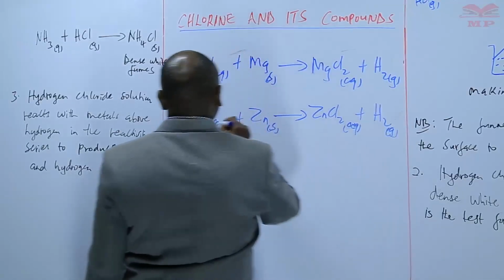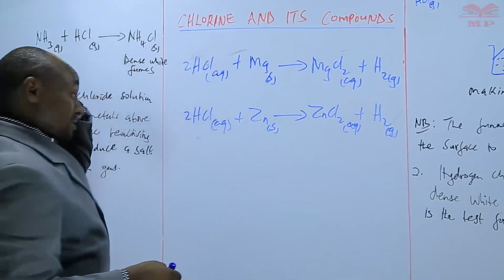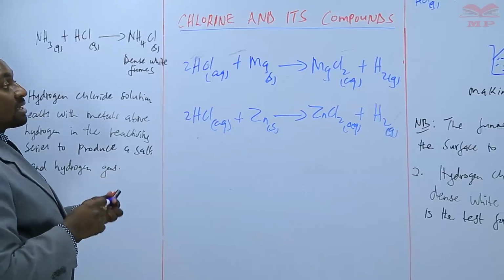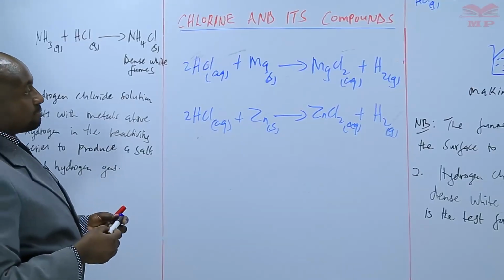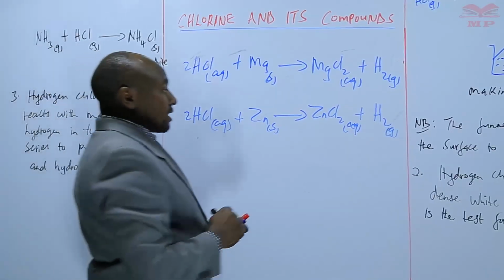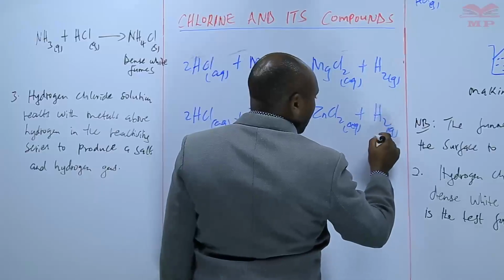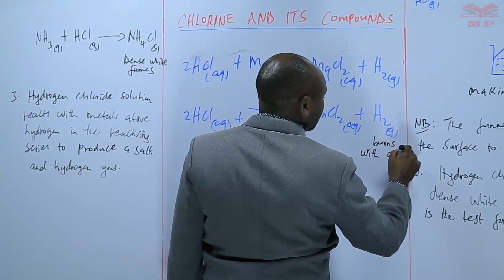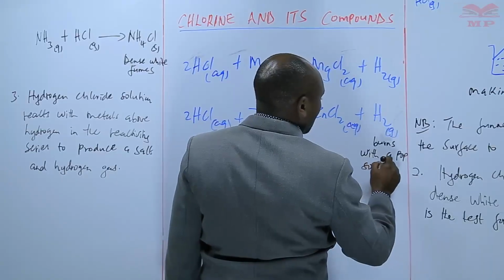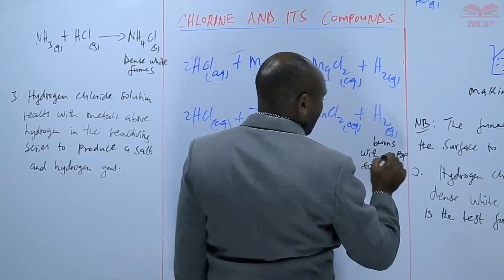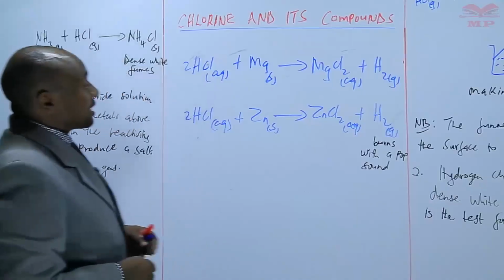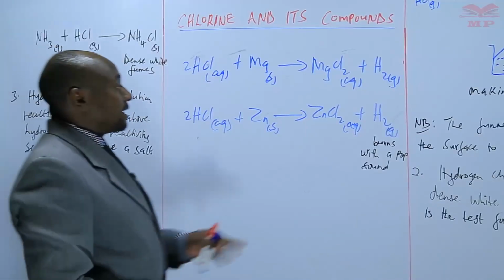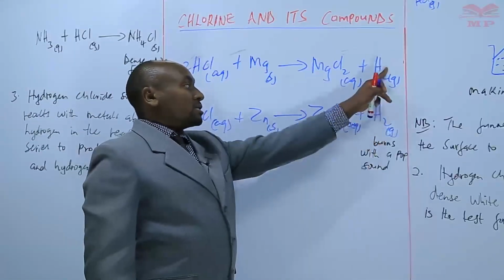So you can see that in these cases, hydrogen gas is being liberated, is being produced. And you know that hydrogen gas burns with a pop sound when mixed with air. So that is basically how to test that the gas that is being produced is actually hydrogen gas.